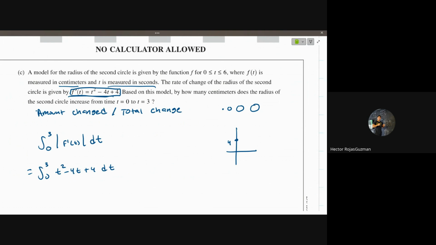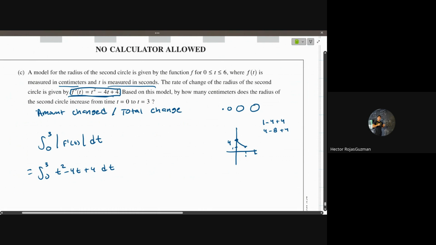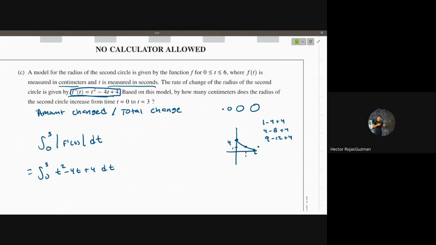This is just for me to show you that it represents a function that is strictly increasing. When you plug in 1, you get 1 minus 4 plus 4, which is 1. When you plug in 2, you get 4 minus 8 plus 4, which is actually 0. When you plug in 3, you get 9 minus 12 plus 4, which is back to 1.